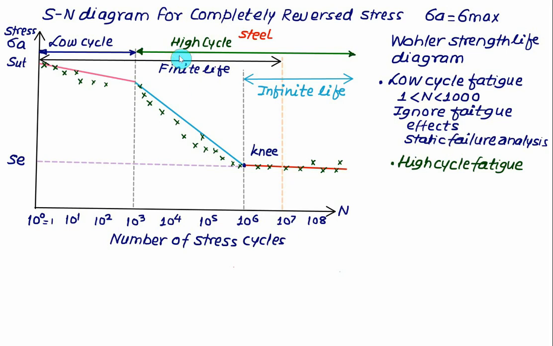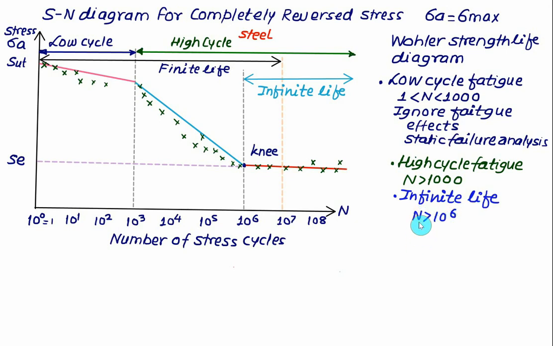High cycle fatigue means that the number of stress cycles N exceeds 1000. That is called high cycle fatigue. A component has an infinite life if the number of stress cycles exceeds 10 to the power 6. So if the number of cycles N is greater than 10 to the power 6, it is called infinite life.